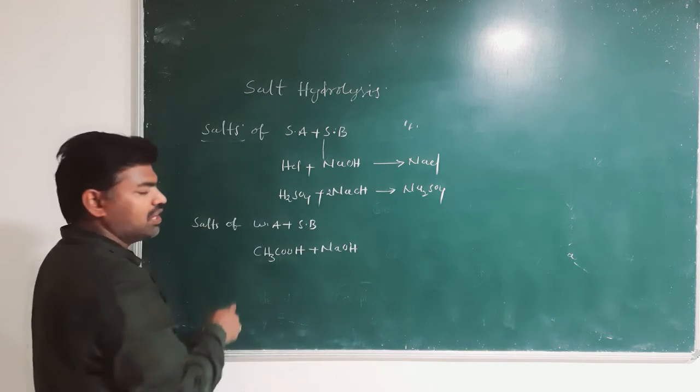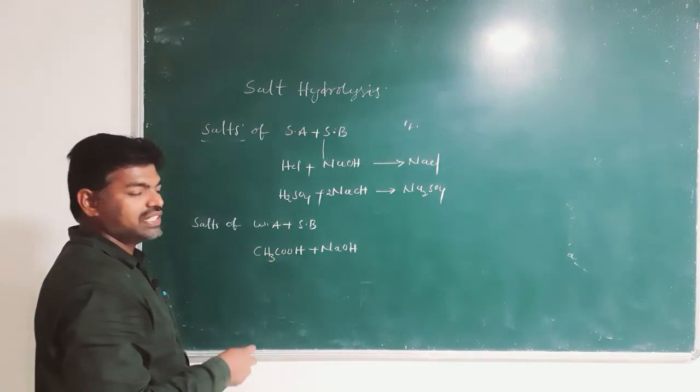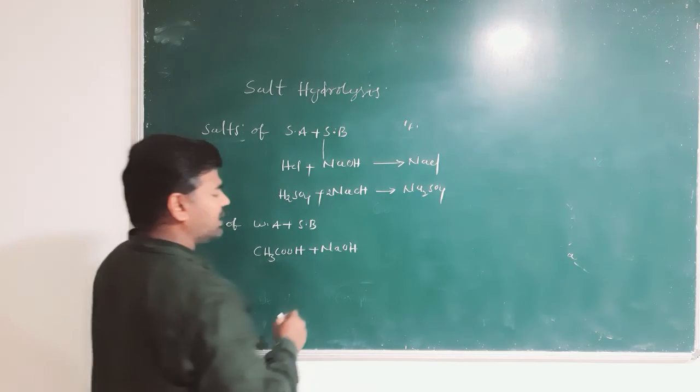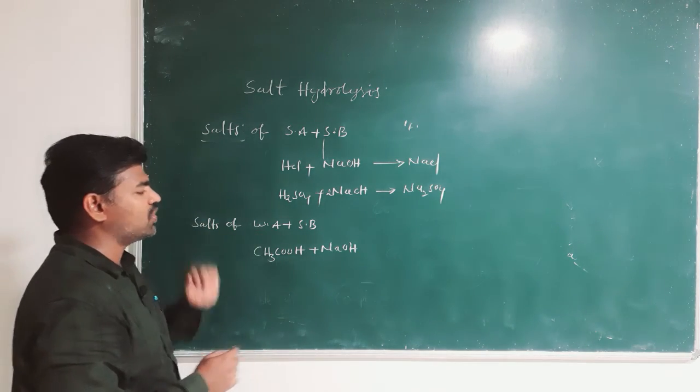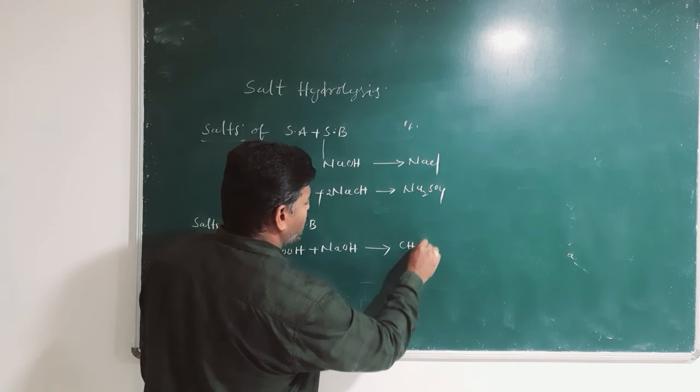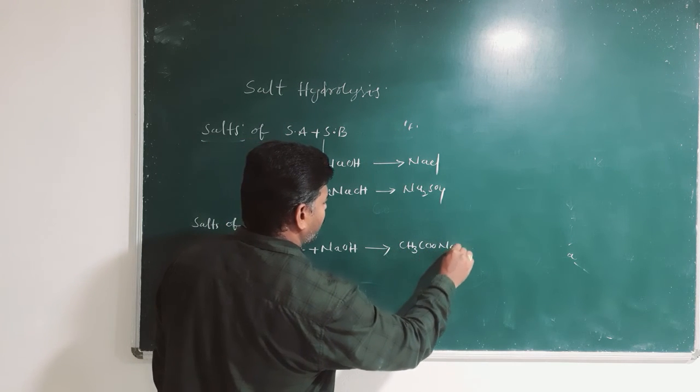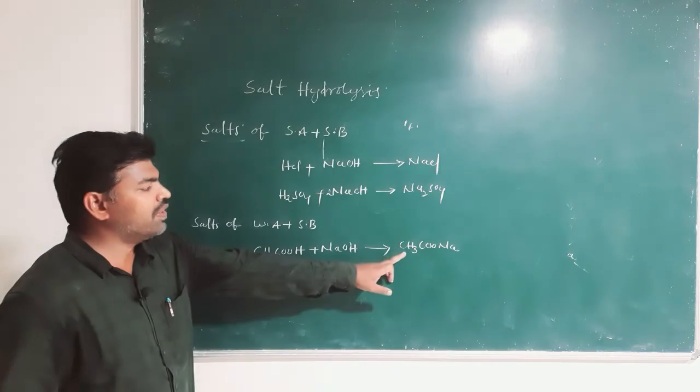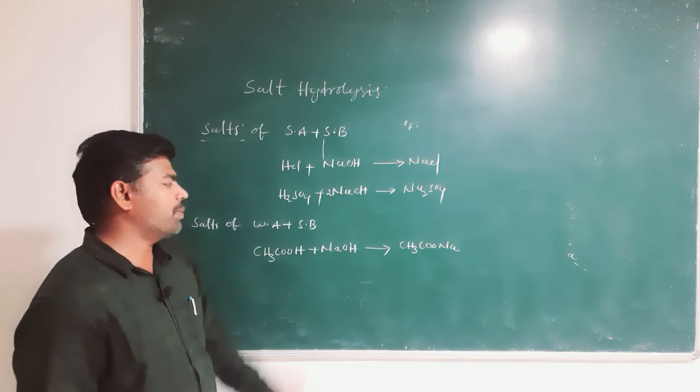The salt that can be formed from weak acid and strong base is CH3COONa. It is a salt of weak acid and strong base.